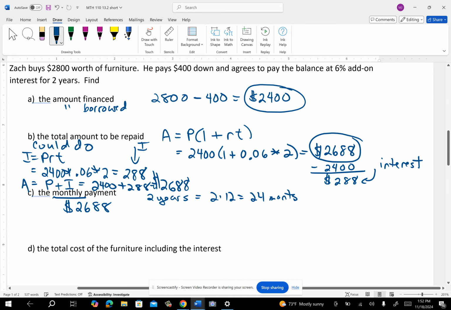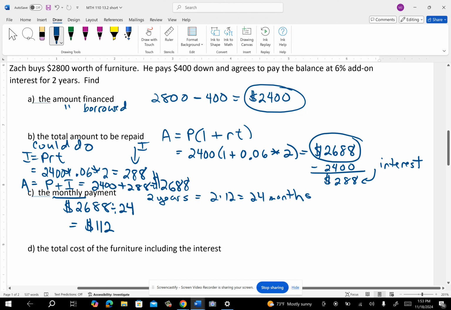So if I'm paying that total amount off in 24 months, then I'm going to take that and divide by 24. And when I do, I wind up getting $112. So I would pay $112 every month for 24 months. And that would pay them not just the $2,400 I borrowed, but also that added little $288 in interest.